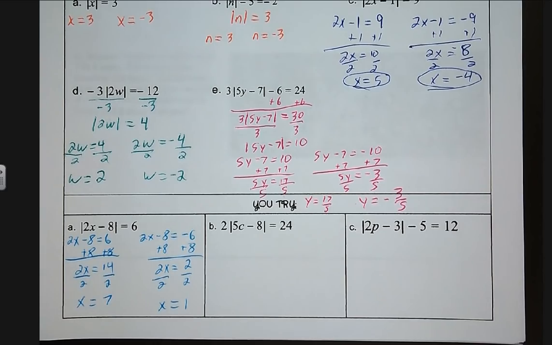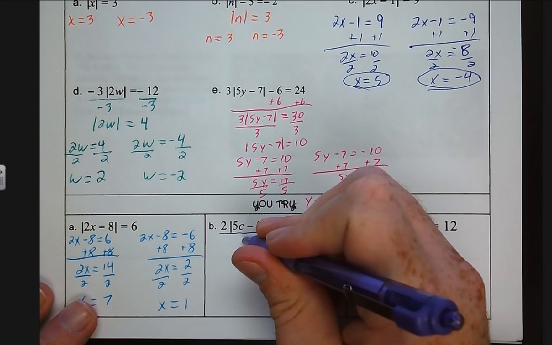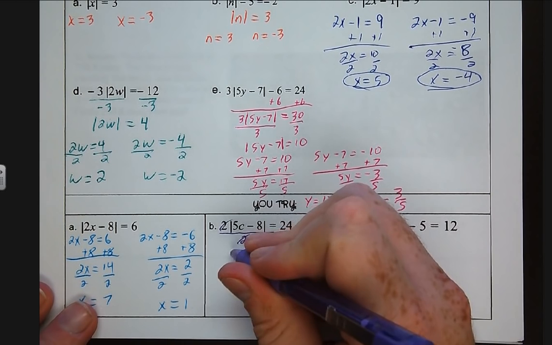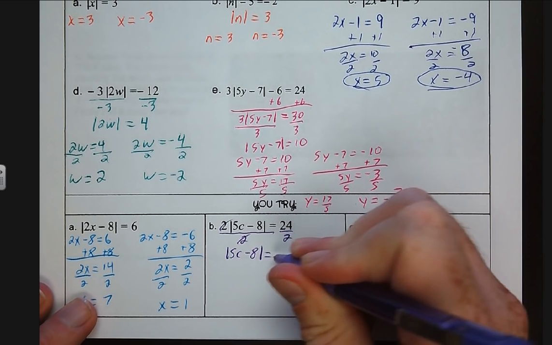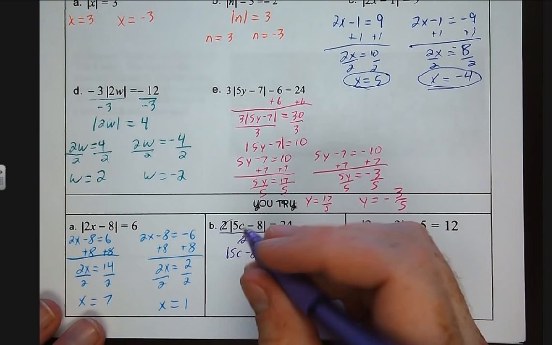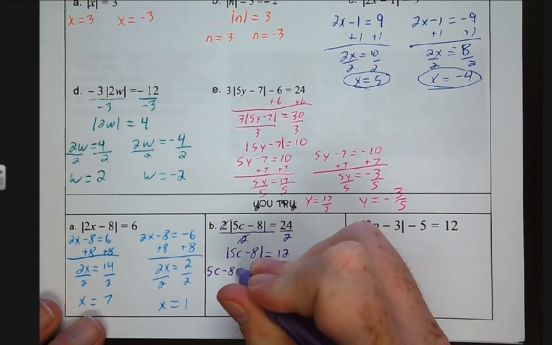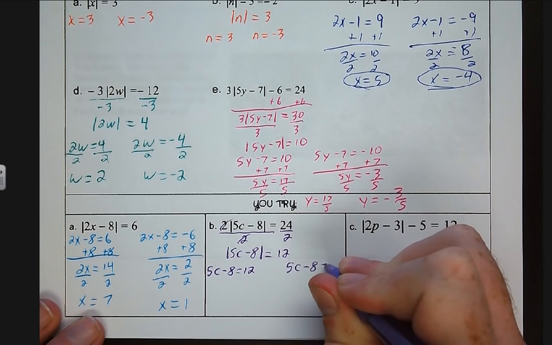Okay. Letter B, we need to isolate it, so we need to get rid of that multiplied by 2. So we're going to divide by 2 on both sides. So we have the absolute value of 5c minus 8 is equal to 12. So now we split this into our two equations. 5c minus 8 equals 12, and 5c minus 8 equals negative 12.